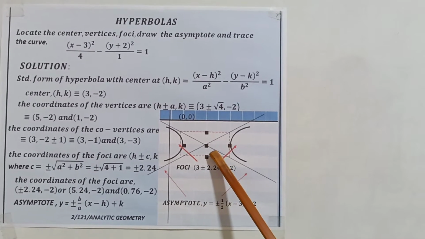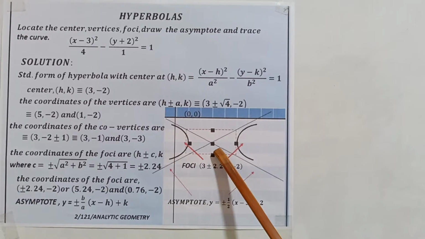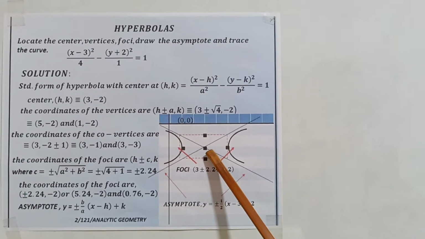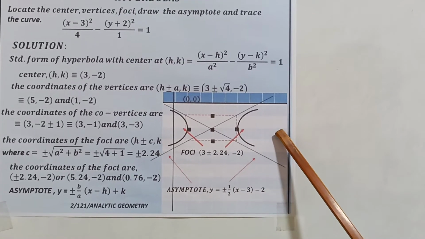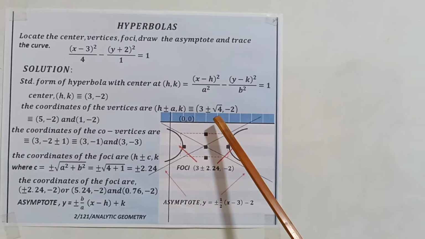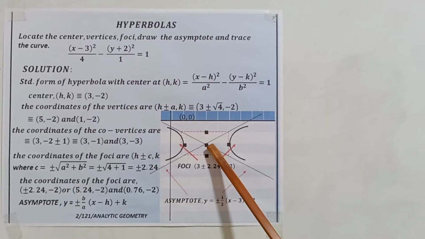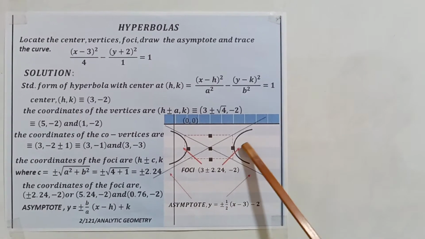So where's that? Negative 2, the transverse axis is y is equal to negative 2.